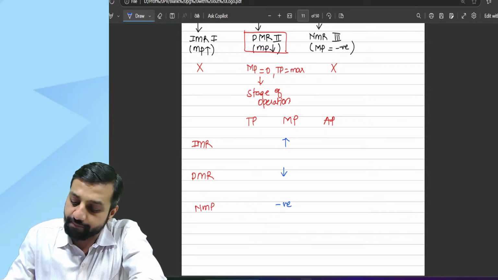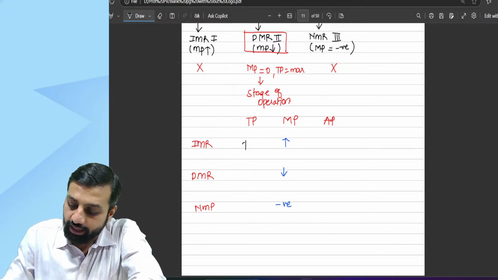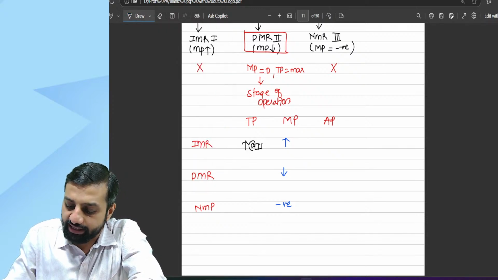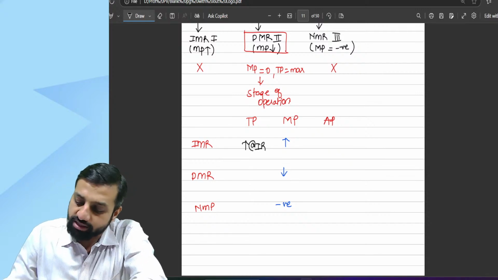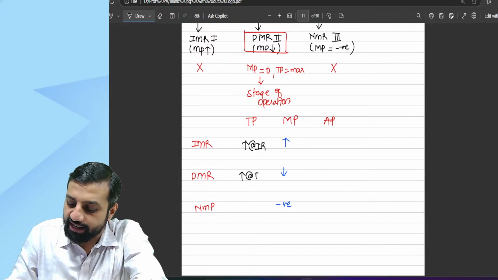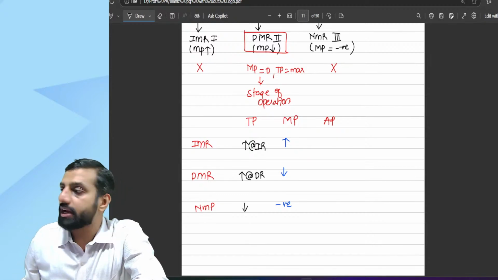Now because MP is rising, TP will rise at an increasing rate. Because MP is falling, TP will rise at a diminishing rate. And when MP is negative, TP falls.